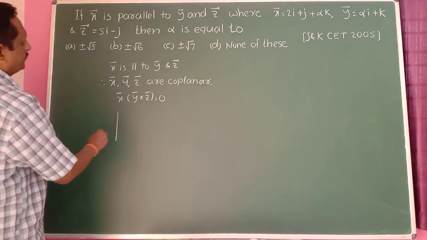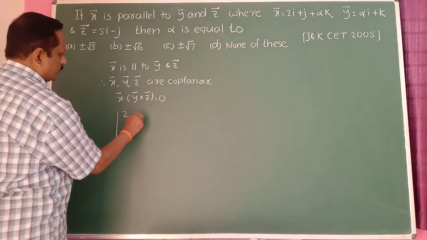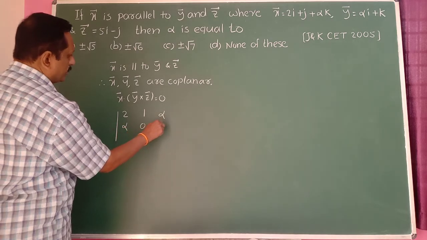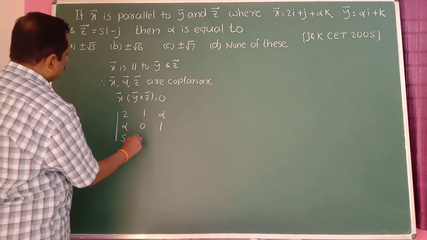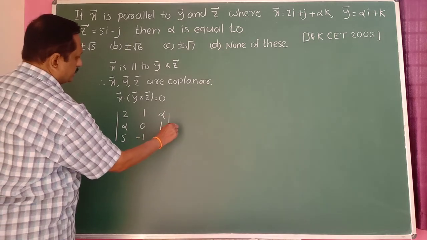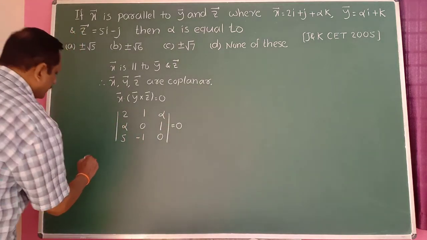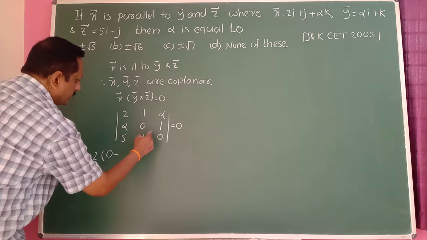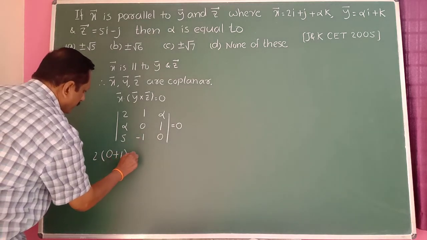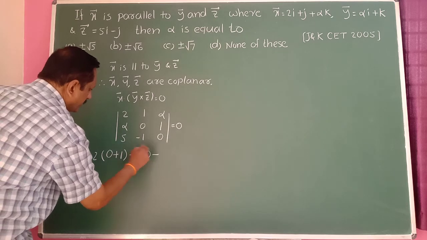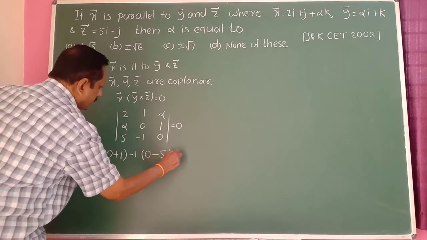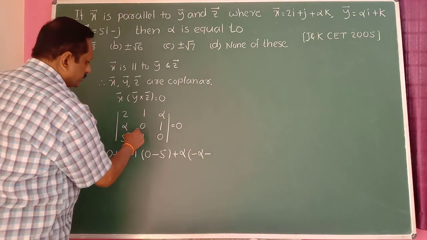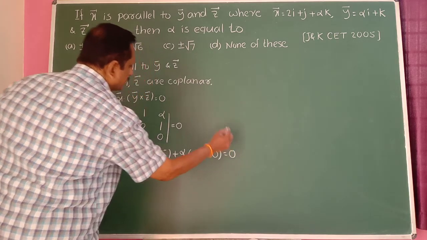So the determinant with rows (2, 1, alpha), (alpha, 0, 1), (5, -1, 0) is equal to 0. Expand the determinant: 2 into (0 into 0 minus (-1) into 1), minus 1 into (alpha into 0 minus 5), plus alpha into (alpha into -1 minus 0) equals 0.